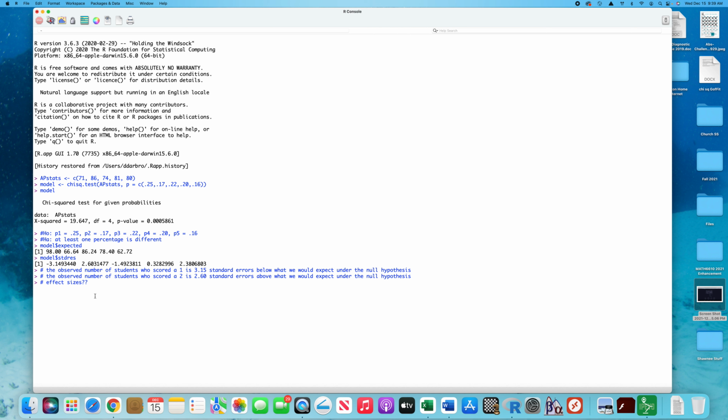Now, let's pump the brakes a little bit and circle back. Every test that I've presented so far, we've discussed effect sizes, and I'm not going to get into effect sizes for chi-square distribution because we really dive into categorical variables later, probably in 6620.